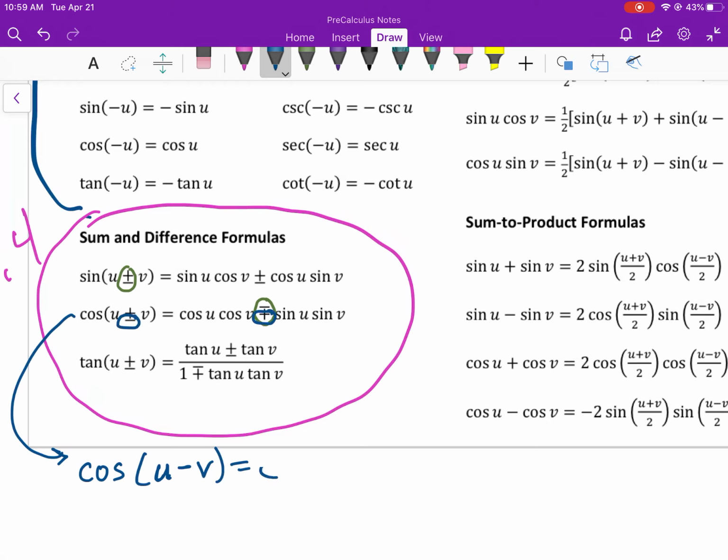So I'm going to use the lower sign on my formula. So just make sure you read the right sign. So if you want subtract for cosine, you have to use the lower sign here, which is addition.